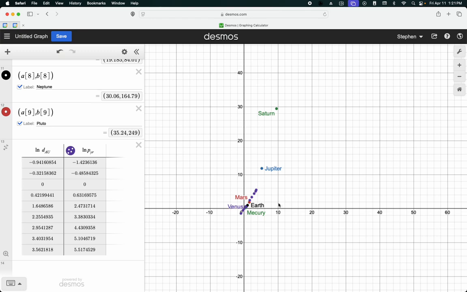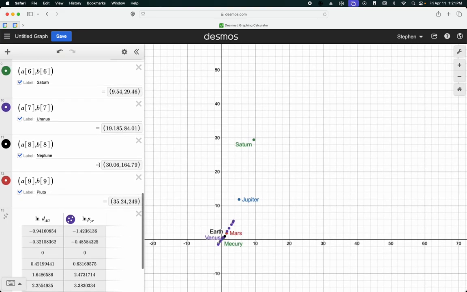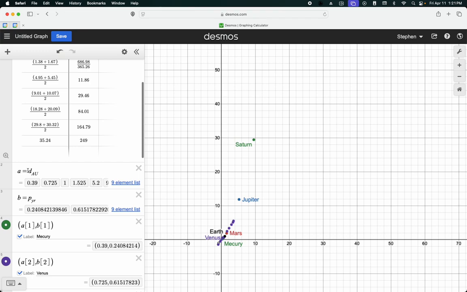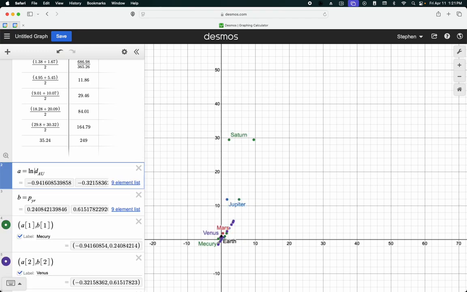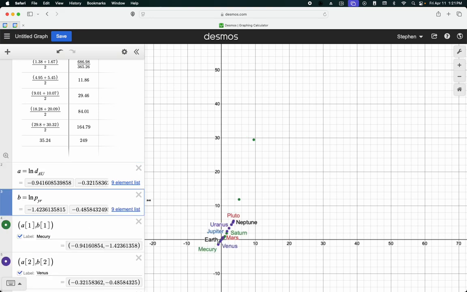Is your graph working so far? Yeah. Okay, so now I have my log scale data points all here and lined up, but my labels are still on my linear data. So I'm going to update them by saying, instead of A equals D_AU, I'm going to click in here and put LN. So A equals LN D_AU and B equals LN P_YR.